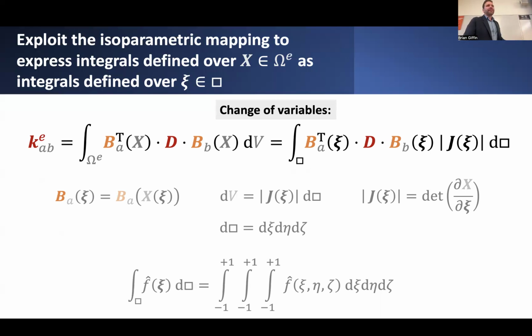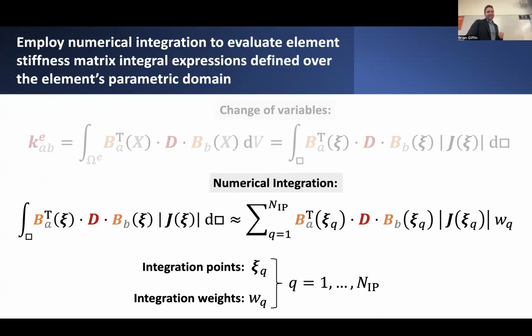And now we can carry out our integrals not over this funny distorted domain, but instead over this nice perfect cube. And it's a lot easier to integrate over a nice perfect cube than over this funny distorted domain.